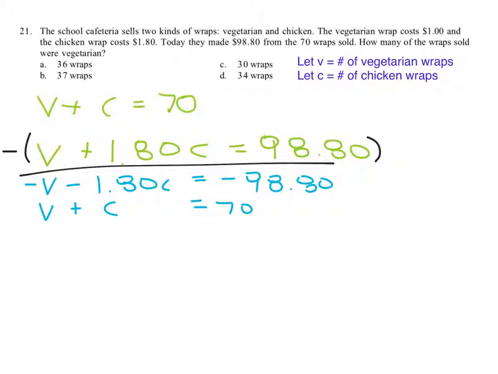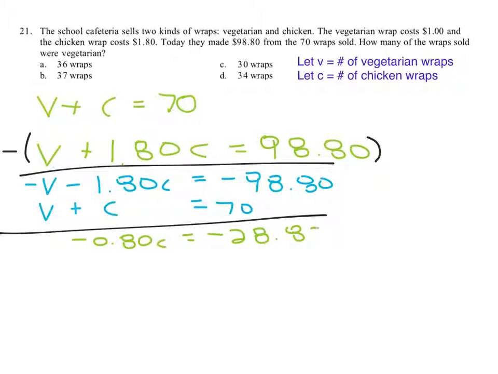And now, because they have opposite signs, we can just add them together. So negative V plus V cancels out. Negative 1.80C plus 1C equals negative 0.80C, equals negative 98.80 plus 70, equals negative 28.80.